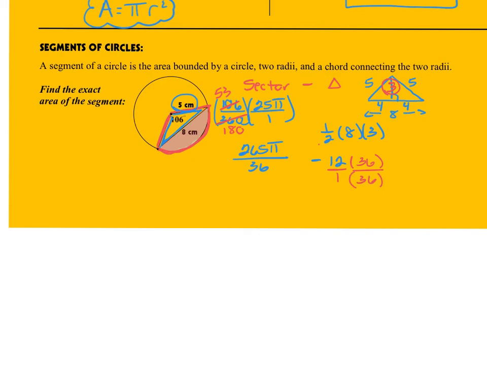So our final answer is actually going to be written as 265 pi minus 432 all over 36. So we have one nice single fraction expression, and this is going to be centimeters squared. Okay, so that is going to be an important idea later. We will come back to areas of segments.